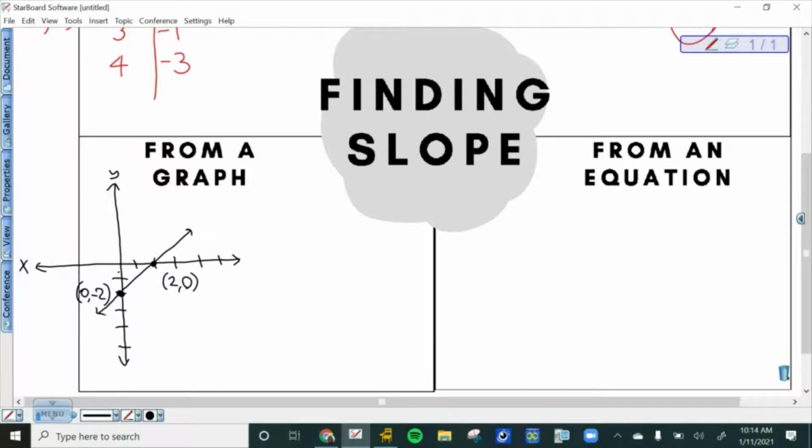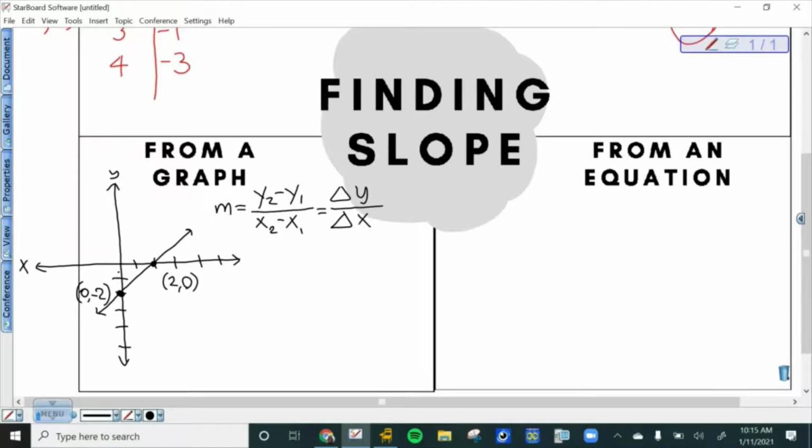Again, my formula for slope is m equals y2 minus y1, the change in y, over the change in x. Another way to write this is we can use a Greek letter delta, like a little triangle. So that means the change in y over the change in x.